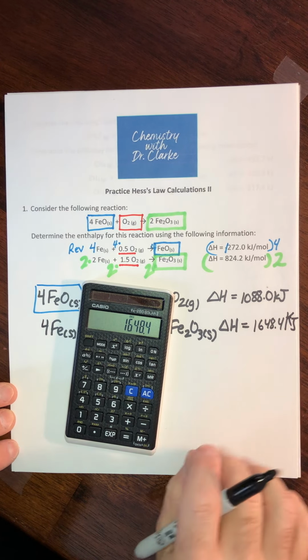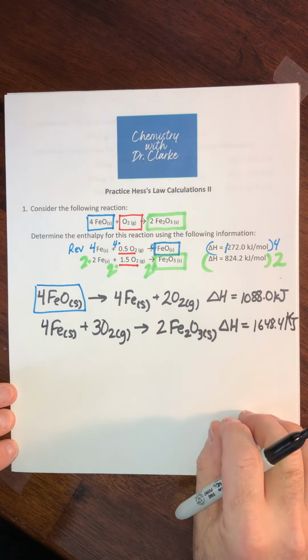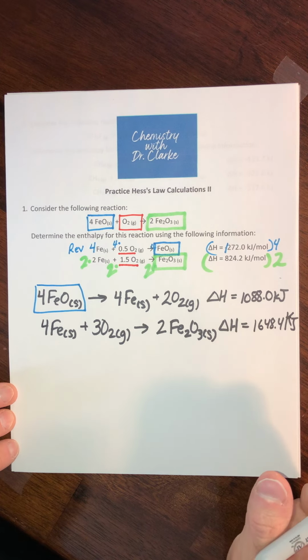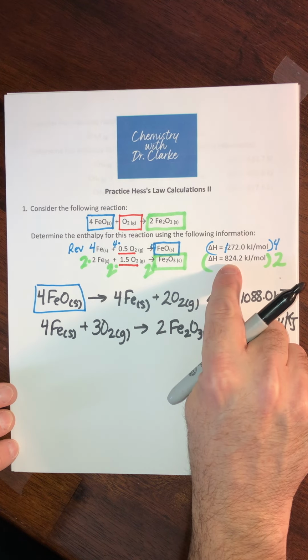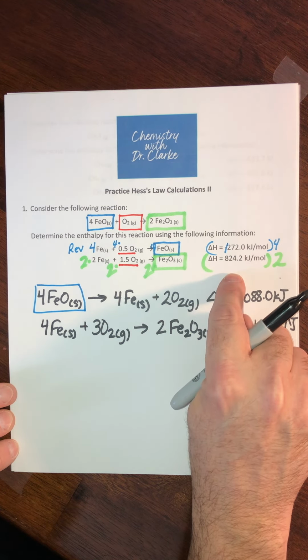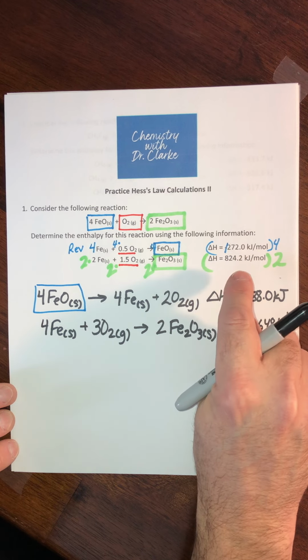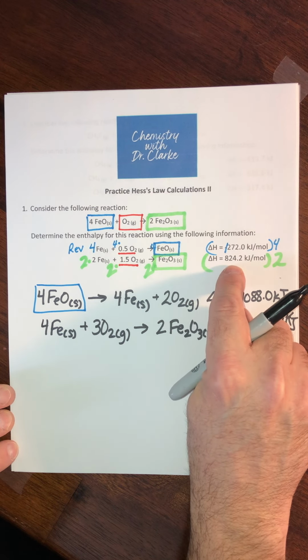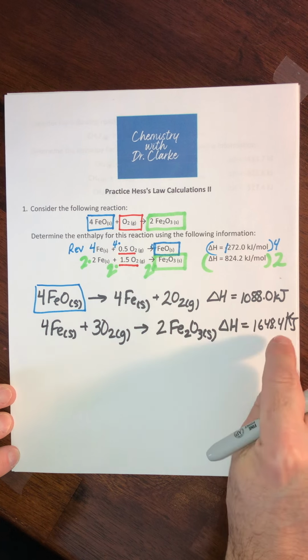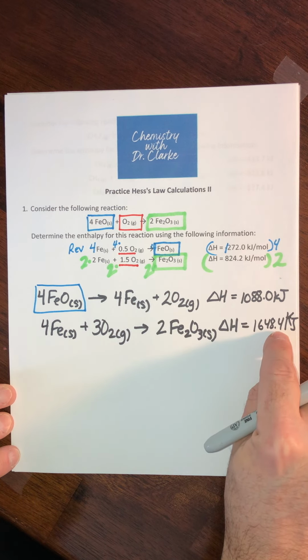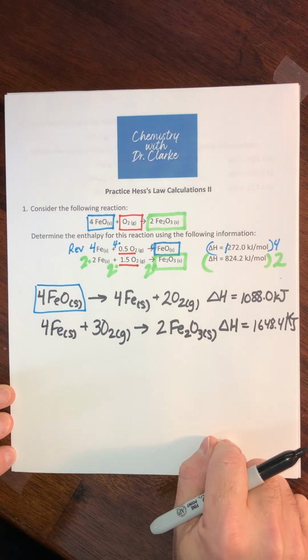My K got a little away from me. And again, if you're worried about significant figures, multiplying this by 2 is like adding it to itself. If you add 824.2 to 824.2, you have to keep the least number of decimal places, so you should have 1 decimal place.